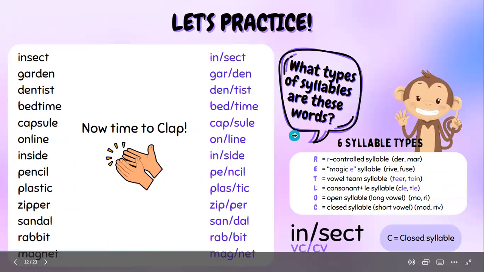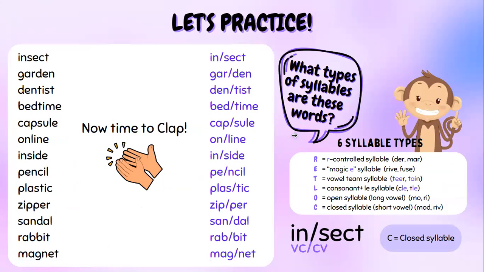Okay, now we are going to practice. First we have the word insect. Let's see how many syllables there are. Let's clap. Insect. I clapped twice. So the word insect has 2 syllables.